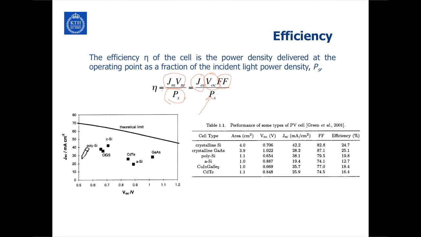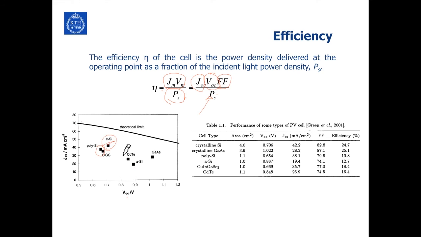When you plot that, this gives you the short circuit current and this is the open circuit voltage, and the theoretical limit is given by this square right here. For crystalline silicon, you can get a maximum of about 40%, and amorphous silicon and other polysilicon is somewhere right here.